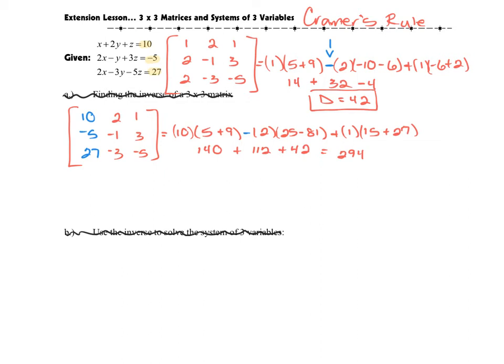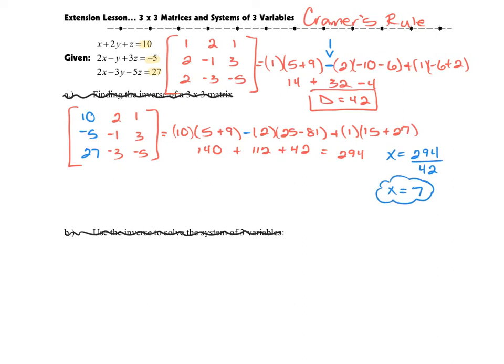Now, I'm going to take this 294 that I found here and divide it by the original determinant. So x is going to be 294 divided by 42. So x is 7. So I found my first variable.